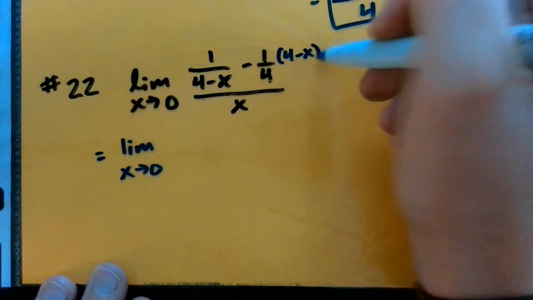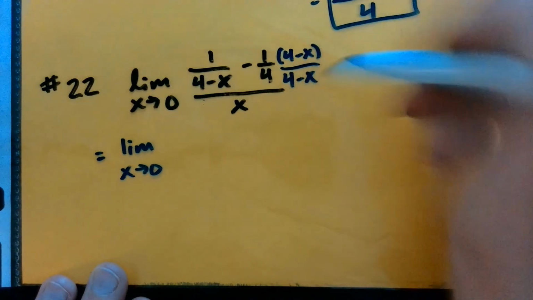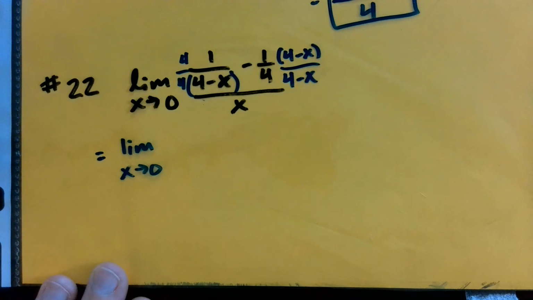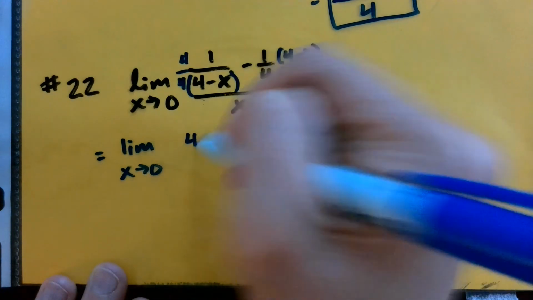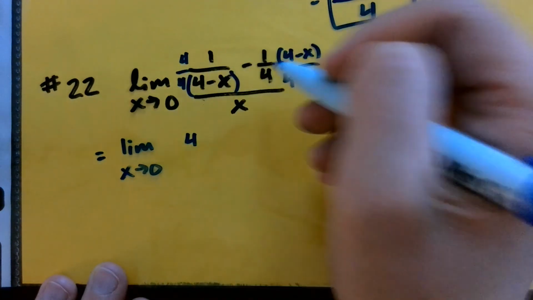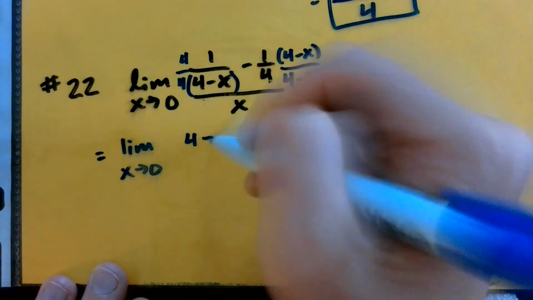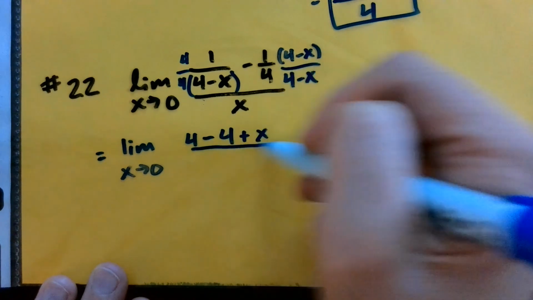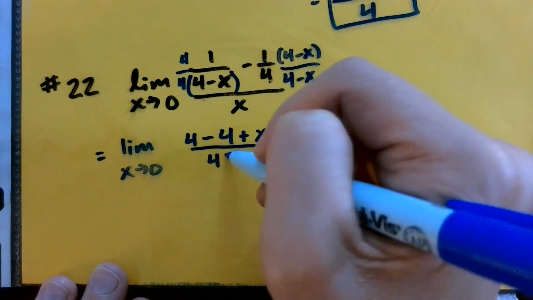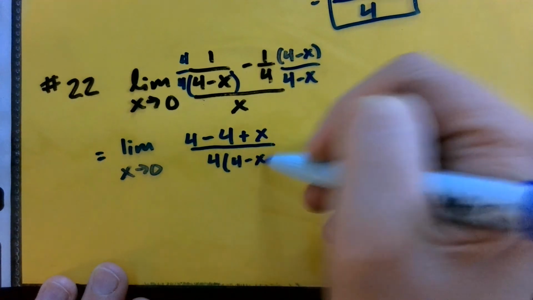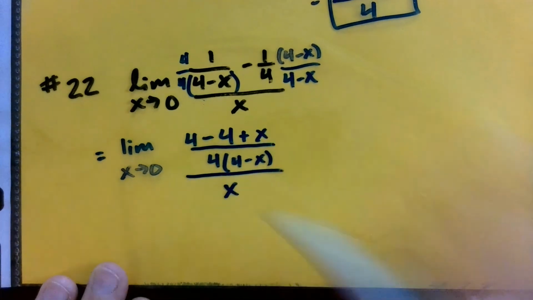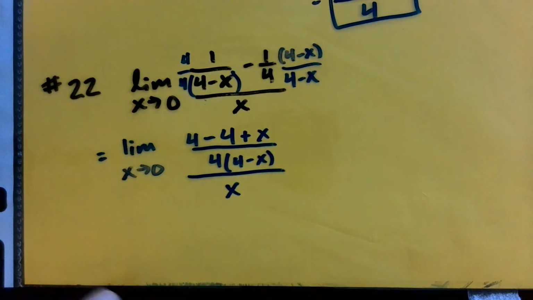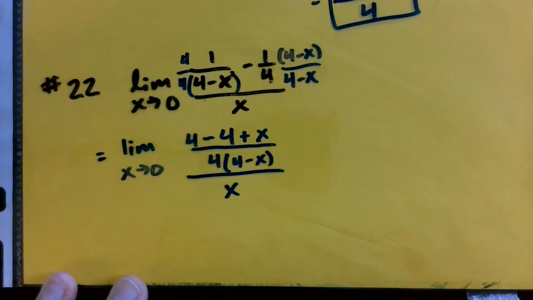So 4 minus x over 4 minus x. This side is going to be lacking a 4 in the denominator, so 4 times 4. So that means I'll have a 4 on this side and then minus 4 plus x with a denominator of 4 minus x. And then still x in the mega fraction's denominator.